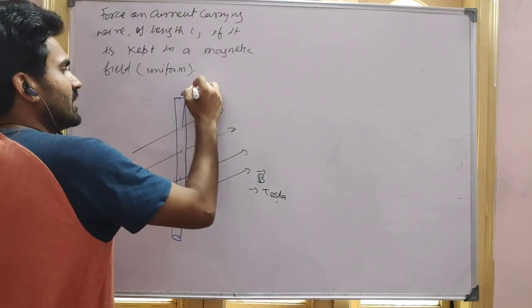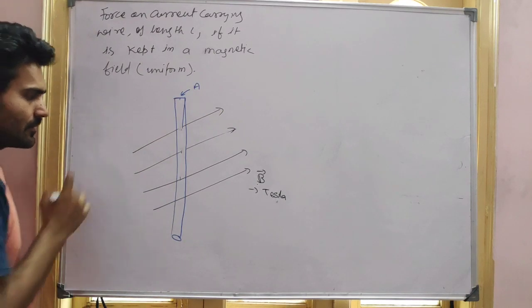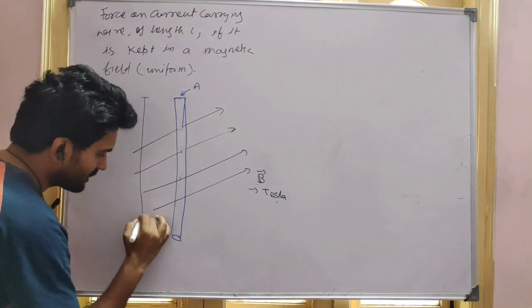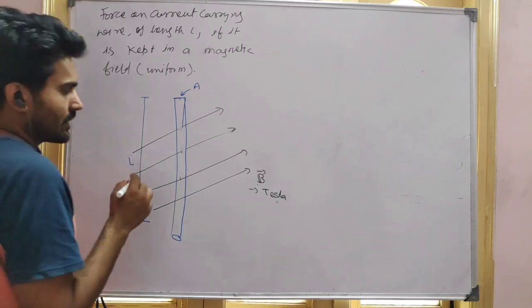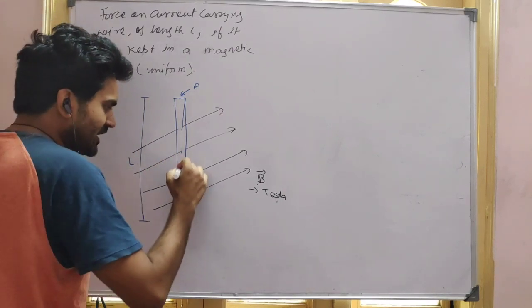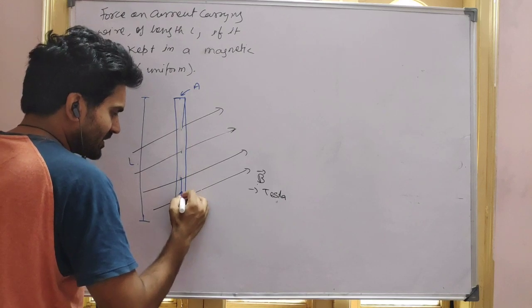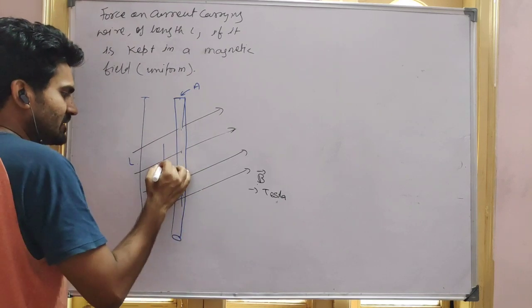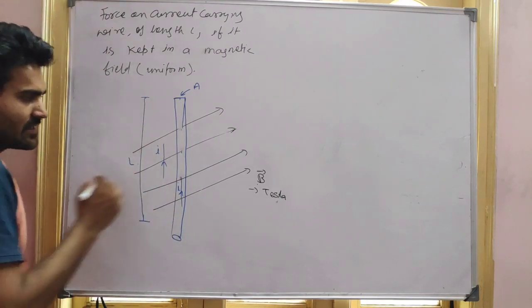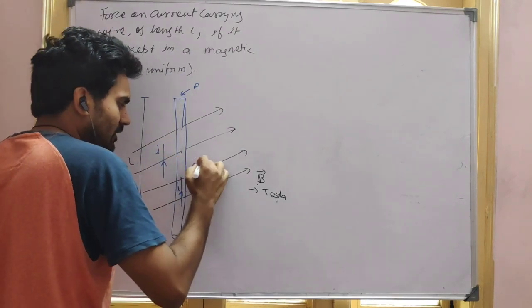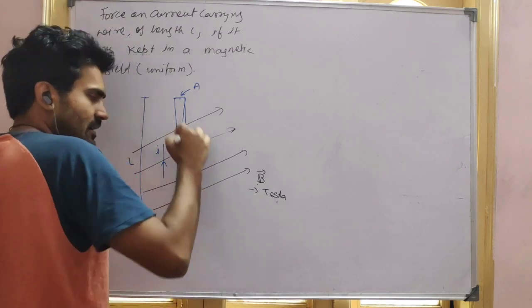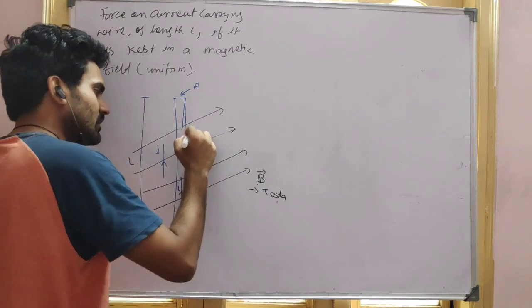The area of the wire is A. The length of that particular wire is L. And the current in this wire will be in this direction, I. That length is making an angle theta with B. This is I, this is B, this is theta.